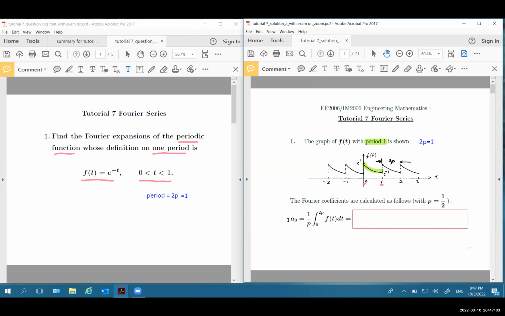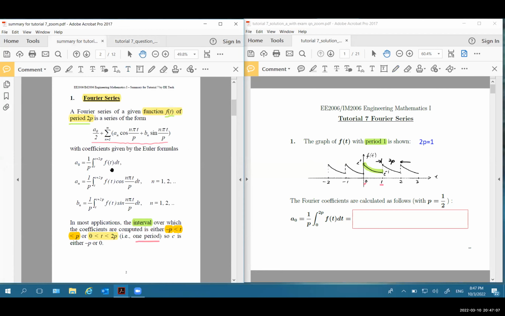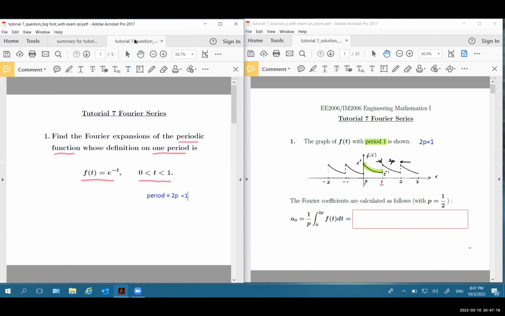So let us first calculate A naught. Let's look at the formula for A naught. See, A naught is like that, right? Now here, the integral is what? You integrate over one period. It's very clear from the question that this is one period, so you just integrate 0 to 1.